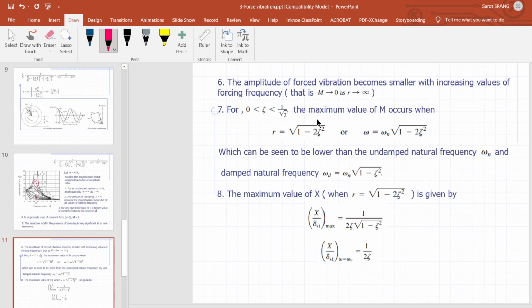And number 6, the amplitude of forced vibration becomes smaller with increasing value of forcing frequency. Increasing forcing frequency means r is larger here.